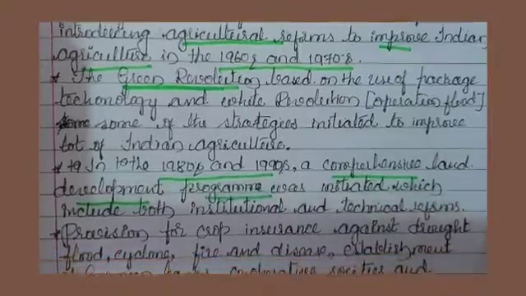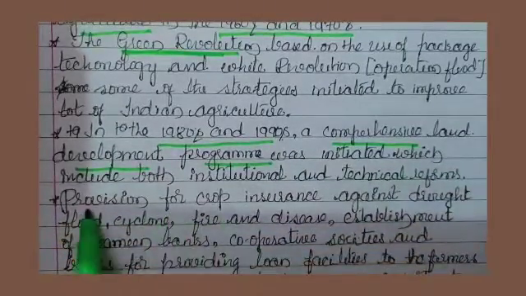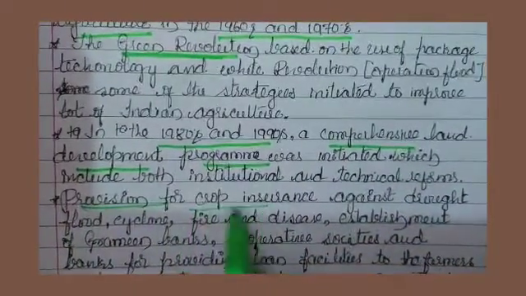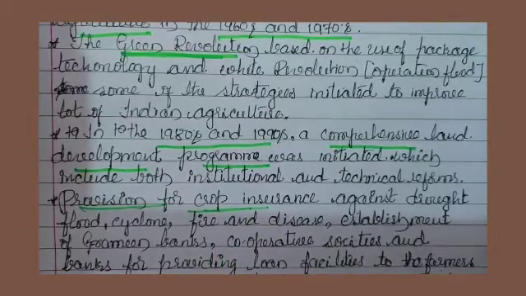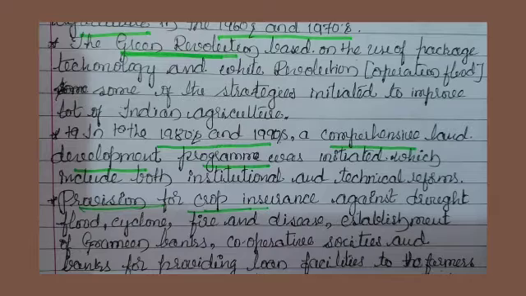Provision for crop insurance is one more thing. Provision was given for crop insurance against drought, flood, cyclone, fire, and diseases. The crop insurance which was implemented is one part we can say.